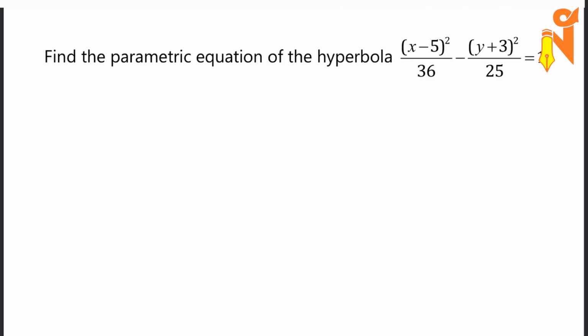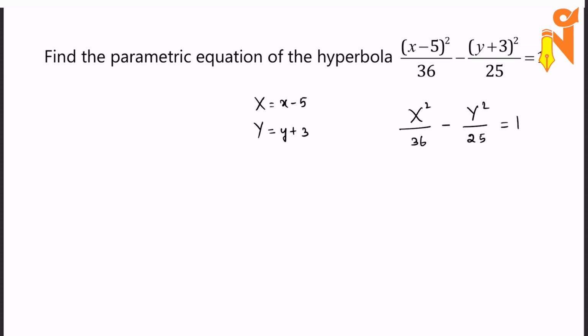Next question. So find the parametric equation of a shifted one. So first convert: as of now, assume capital X to be x minus 5 and capital Y to be y plus 3, so that it will change to X square by 36 minus Y square by 25 is equal to 1.